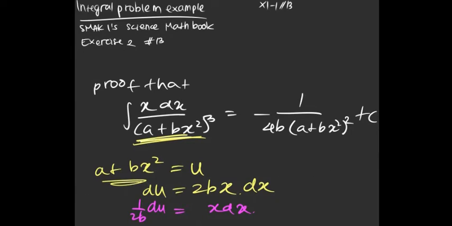Because we already have that, let me write the equation first. The integration of x dx over a plus bx squared cubed. Now we can substitute this here, right?